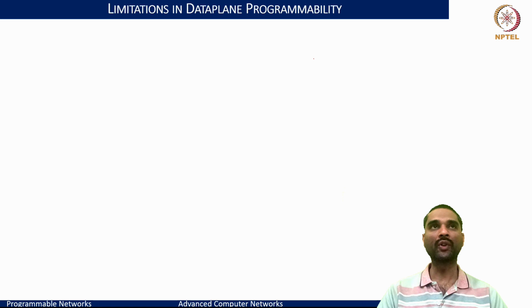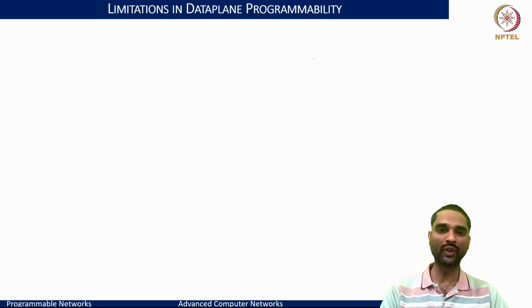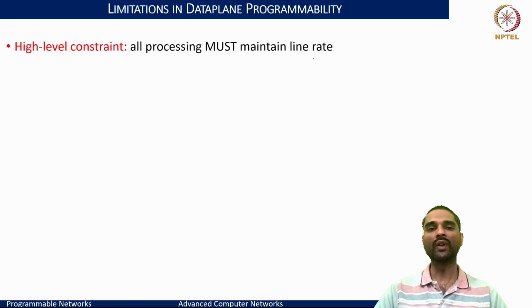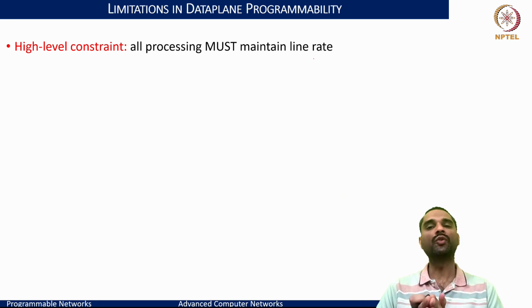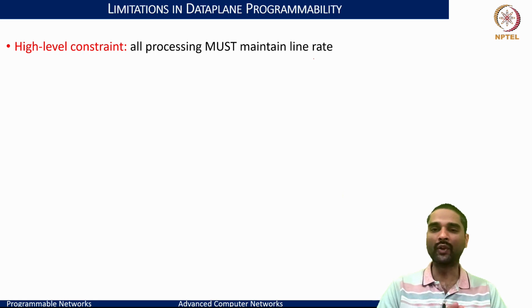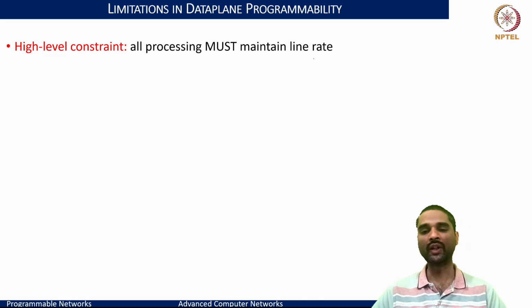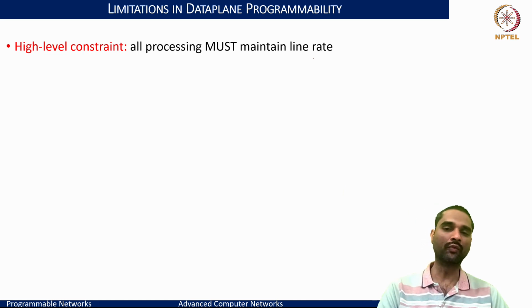Nonetheless, there are specific limitations when it comes to data plane programmability that we also need to keep in mind. One is that there are specific high-level constraints if the device needs to meet line rate processing. I mentioned in the last lecture that if it's a 10 gig NIC with very small packets of 64 bytes, you would end up having to support roughly 14.88 or 15 million packets per second.